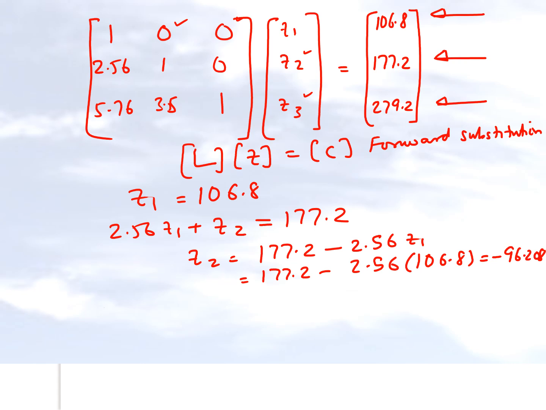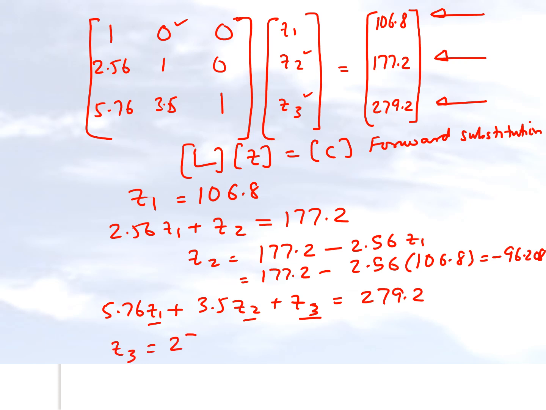Now let's look at the last equation. We'll have 5.76 Z1 plus 3.5 Z2 plus Z3 equal to 279.2. We found out Z1 and Z2, so we can find what Z3 is. So we'll rewrite the equation for Z3. We get this.